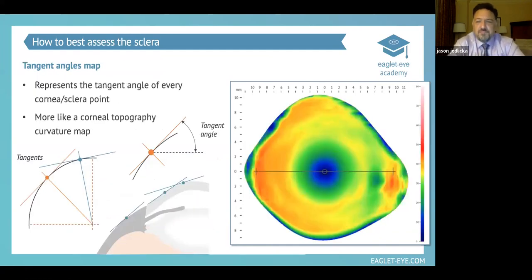Now, most of us have grown up working with corneal topography, and we're used to looking at curvature maps, and we certainly can get a curvature map from our profilometer as well. And the tangent angles map really is kind of that look. It's showing us the rate of curvature change over the surface of the eye. And so this is more of the look of a true corneal topography like we might be used to.